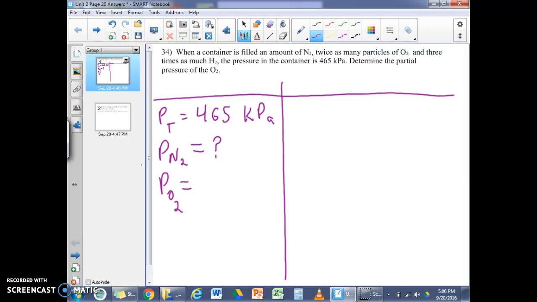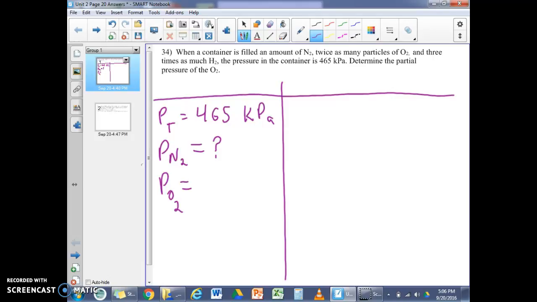However, it does go on to tell me there are twice as many particles of oxygen as nitrogen. Now, since they're in the same container, the volume that the oxygen is occupying is the same. The temperature must be the same. But since there's twice as many particles of oxygen as nitrogen, that means the oxygen must be exerting twice as much pressure as the nitrogen that's in there.